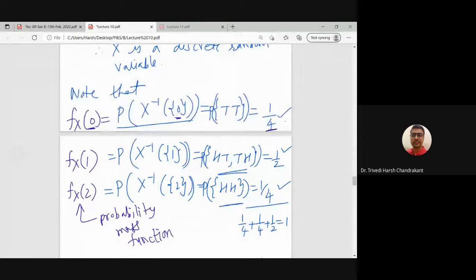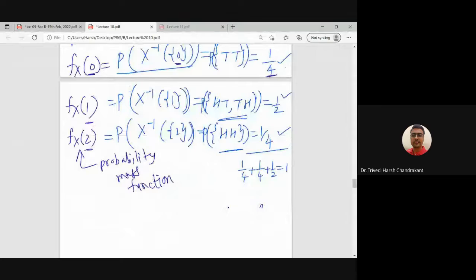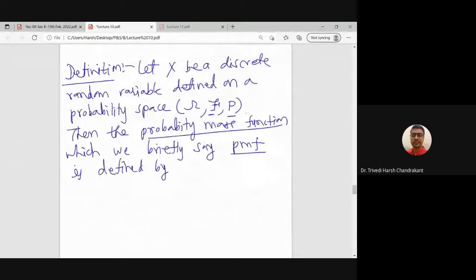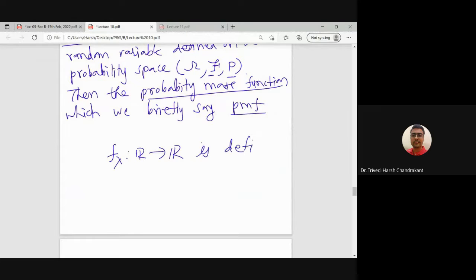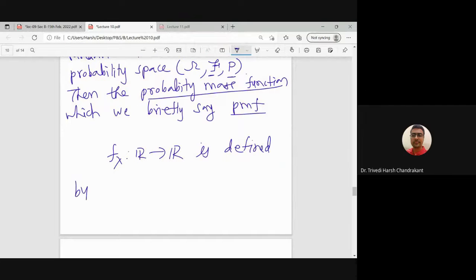Because 0, 1, 2 are real numbers, and 1 by 4, 1 by 2, 1 by 4 are also real numbers. So briefly, the probability mass function f_X from R to R is defined by. So the definition is this.